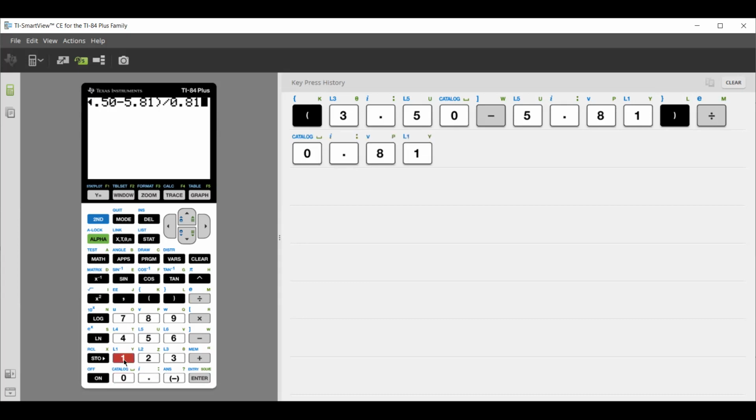Like so. Okay. That gives me negative 2.85. Now I'm looking for the area to the left of negative 2.85. So I'm looking for something that is like this.